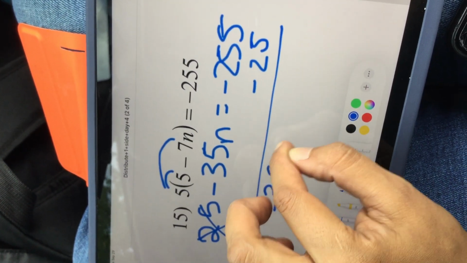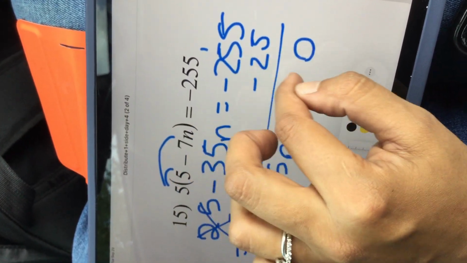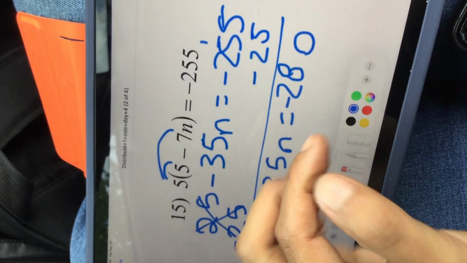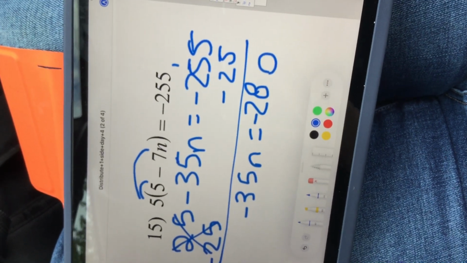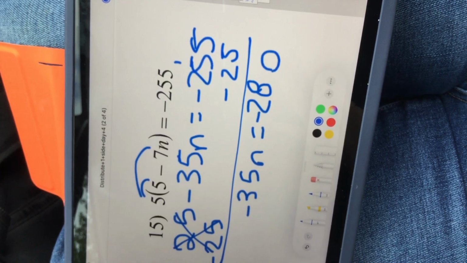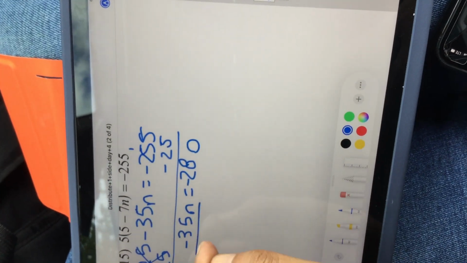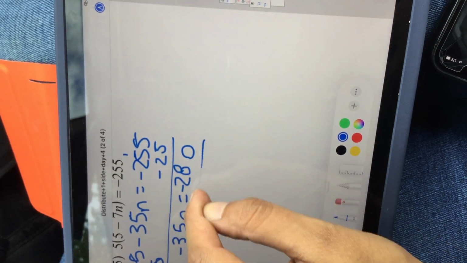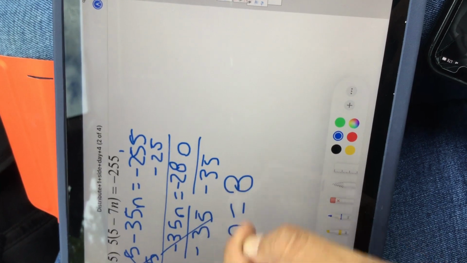Negative 35n equals negative 280. And then our last step is going to be to divide by that negative 35. So n equals 8.